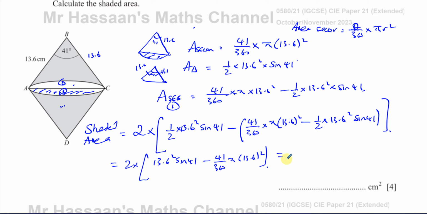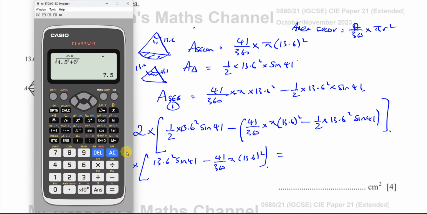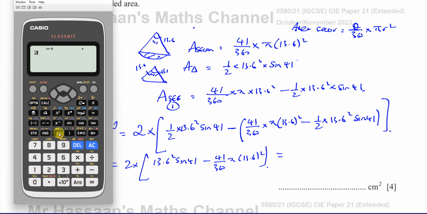Okay, so let's work out what that's going to be. So I've just tried to keep everything exact. So I have 2 times 13.6 squared times sine of 41 minus 41 over 360 times pi times 13.6 squared.